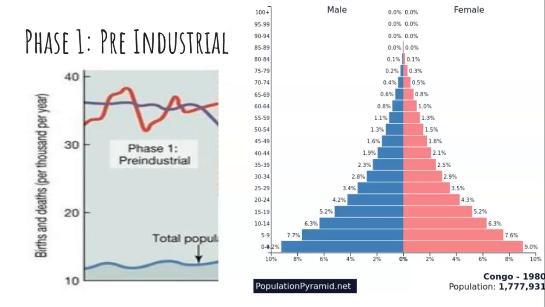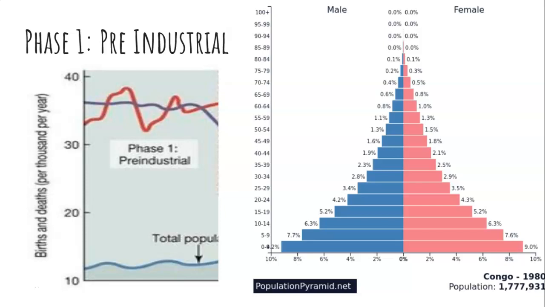Another impact on death rates during this time is there's a high level of diseases that wipe out massive numbers of people. So that leads to high death rates. You can see here that death rates will oftentimes cancel out any increases in birth rates over these periods of time, because higher numbers of mouths to feed make it harder to feed everybody, and therefore you have higher death rates.